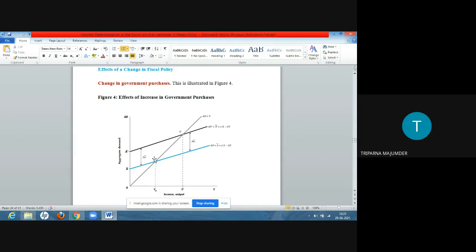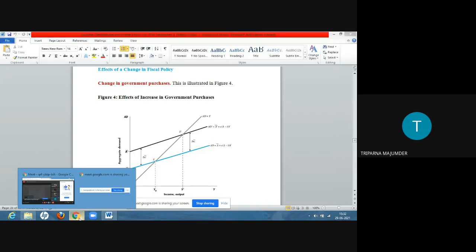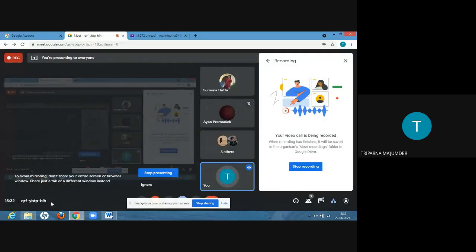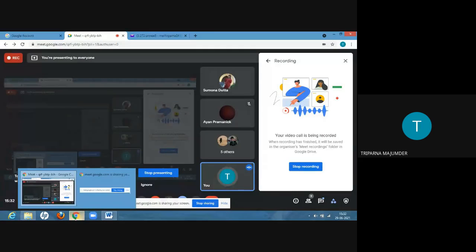Demand more than output means the inventories decrease. When inventories decrease, producers try to produce more, as a result of which output increases, and finally we reach the equilibrium income OY dash. Our equilibrium point is E dash.